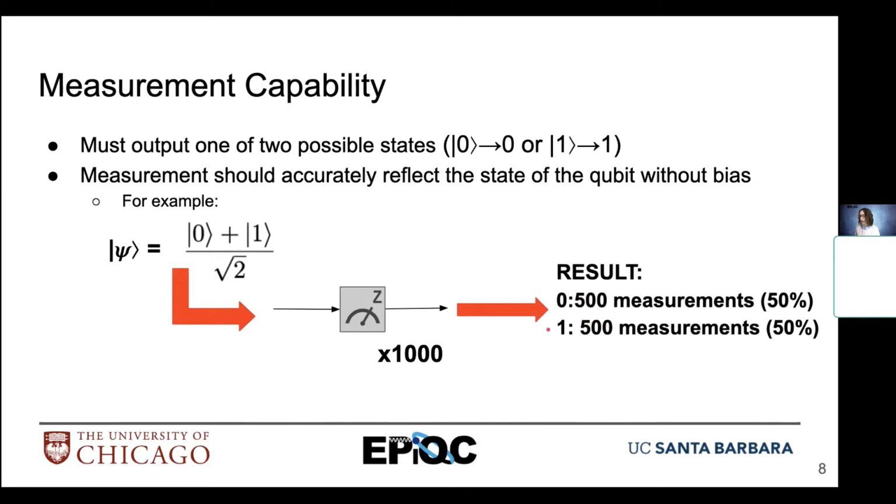Of course, we're working with devices that aren't exactly perfect. So measurement error, gate error, and other additional noises prevent us from observing a perfect 50-50 split, but we are working towards building devices that can observe the state of the qubit as accurately as possible. If we were working with an ideal device, this state here would collapse into either 0 or 1 with even chance.